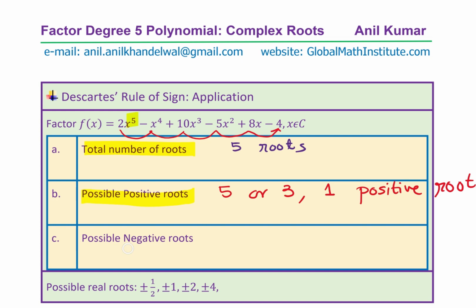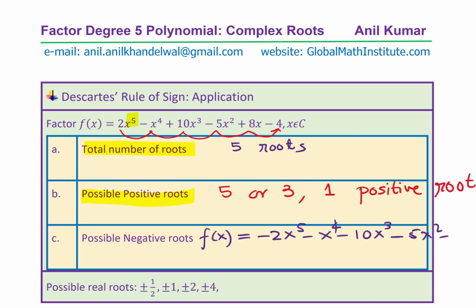Now let's figure out the possible negative roots. For that, we need to write f of minus x and then figure out the change in sign. So as soon as you put x as minus x, the first term, which is an odd term, will become negative 2x to the power of 5. The next term remains negative, correct? That term becomes negative 10x cubed, and the even terms remain the same sign.